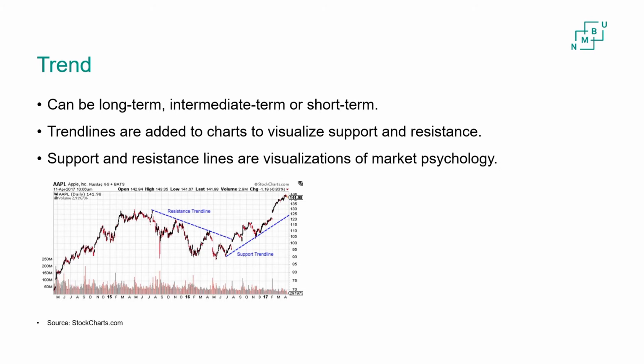So here we are back at what kind of horizon the investor has for his or her investment. It can be long-term or shorter term, and based on this, the trend lines would be fitted accordingly. Here we have fitted a resistance trend line, which connects the highs.